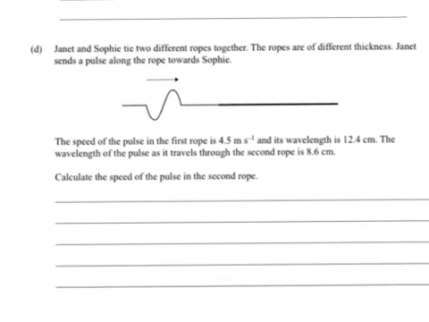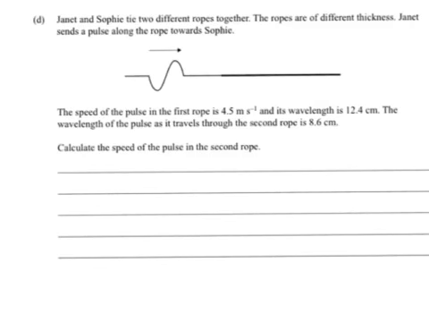Moving on. D. Janet and Sophie tie two different ropes together. Now this is where we get just a little bit trickier. The ropes are of different thickness. Different thickness is akin to different optical density, that is, they'll have different speeds and perhaps different wavelengths because of that speed. But anyway, moving on. Janet sends a pulse along the rope towards Sophie, and we can see it in there.